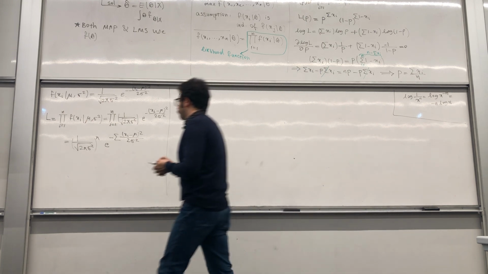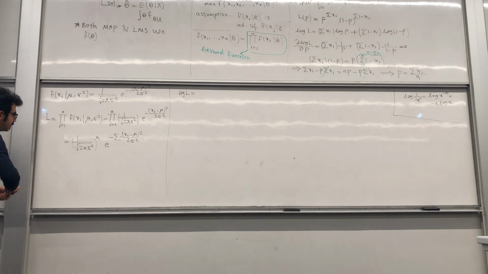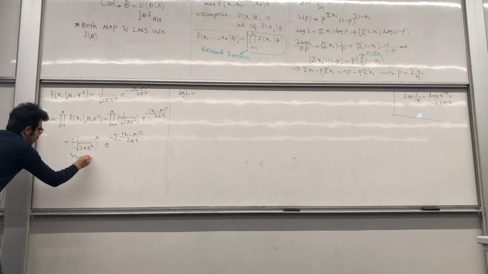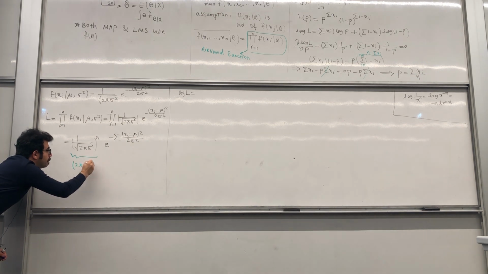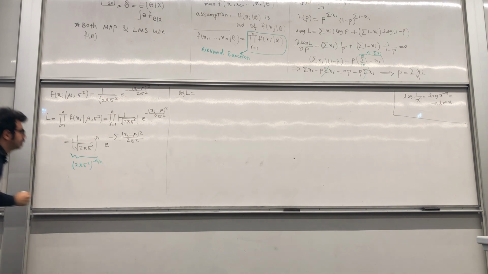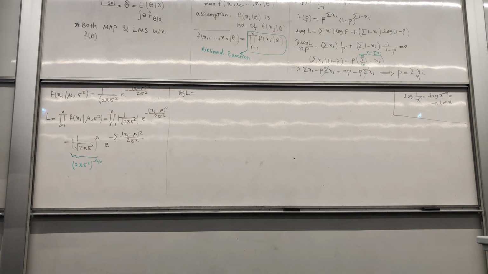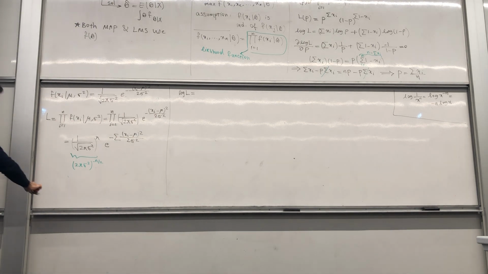The same thing here. So this term can be written as 2 pi times sigma squared to the power of minus n over 2. Agree? So I just use that.